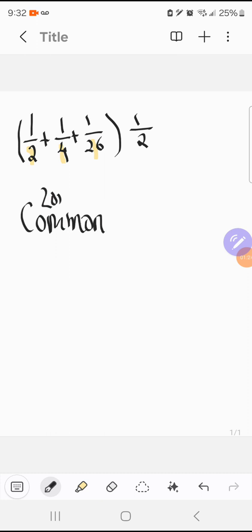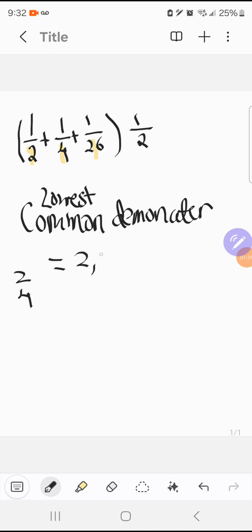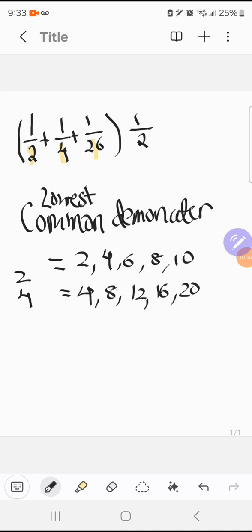Usually people say to find the lowest common denominator. This is just a term that states, so if I only had 2 and 4, 2, 4, 6, 8, 10. 4, 8, 12, 16, 20.